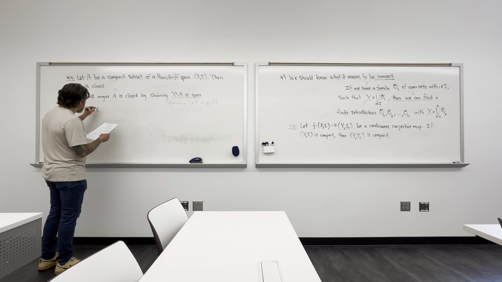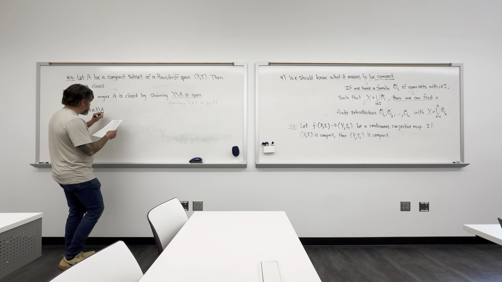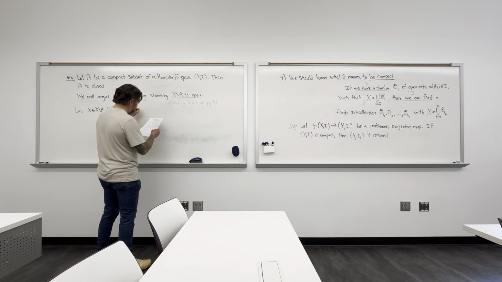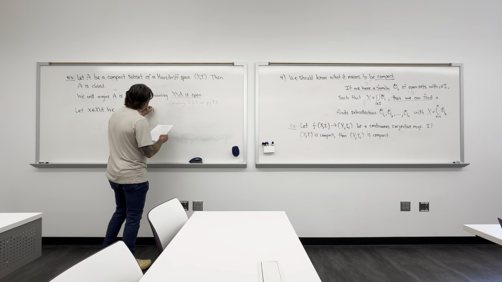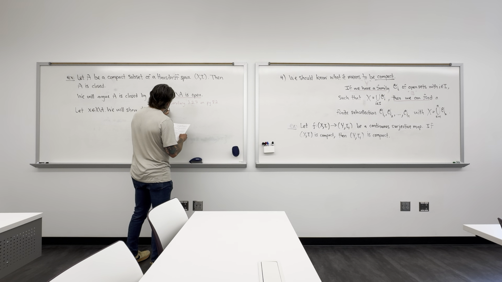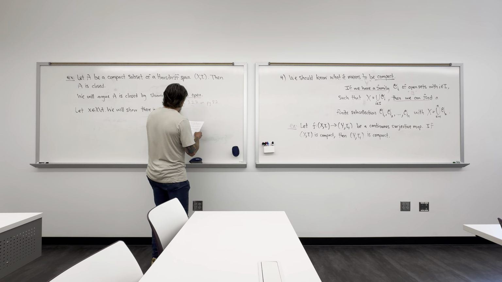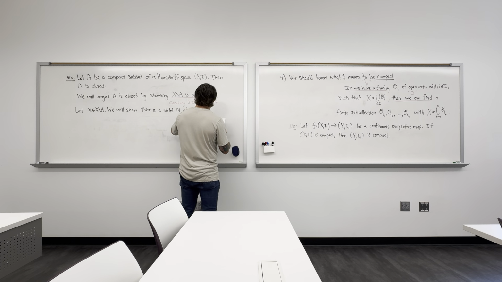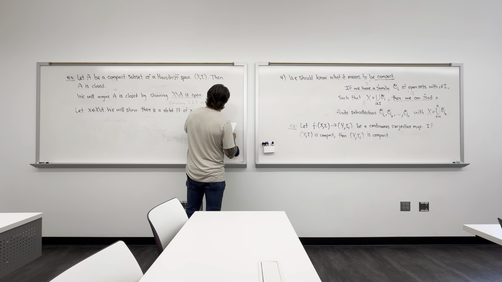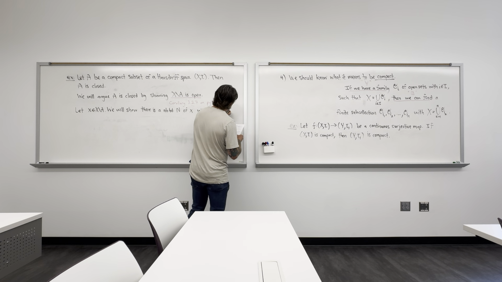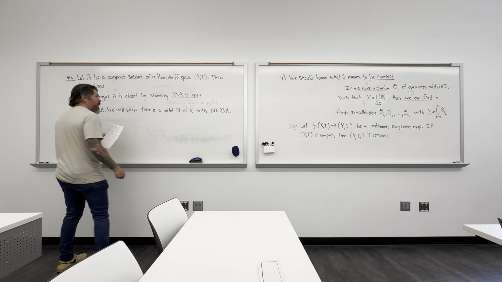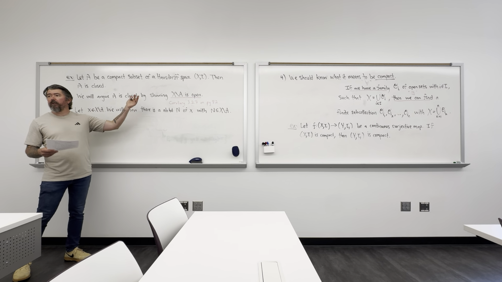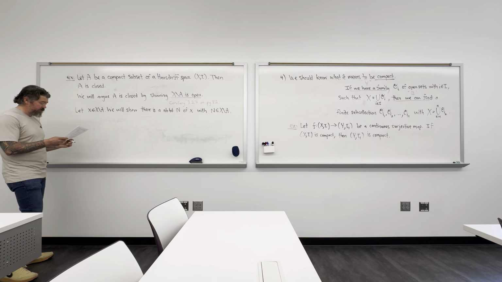Let x be an element of the complement. What we want to do is show there is a neighborhood N of this element x with N fully sitting inside X minus A, inside the complement. And that's exactly what Corollary 3.2.7 states.